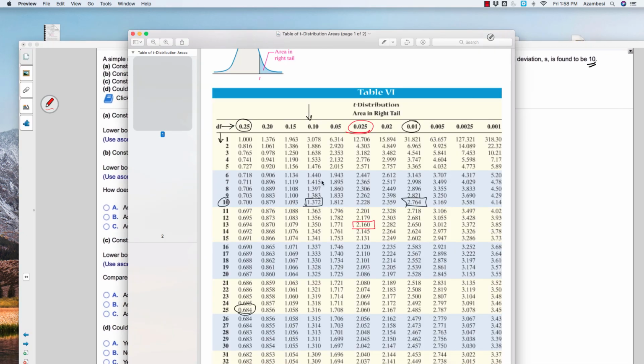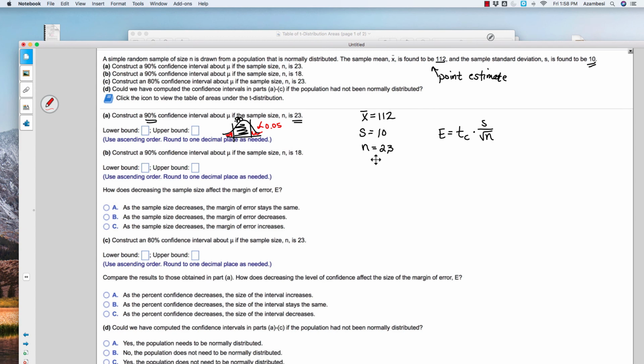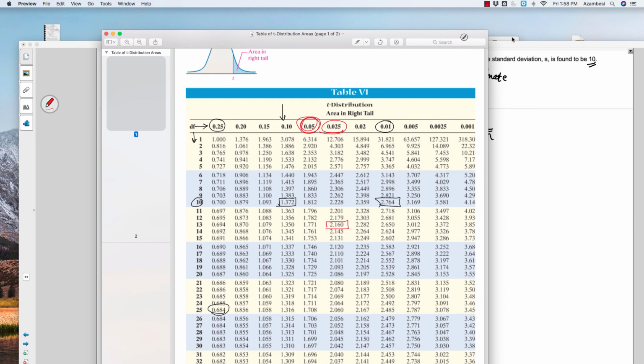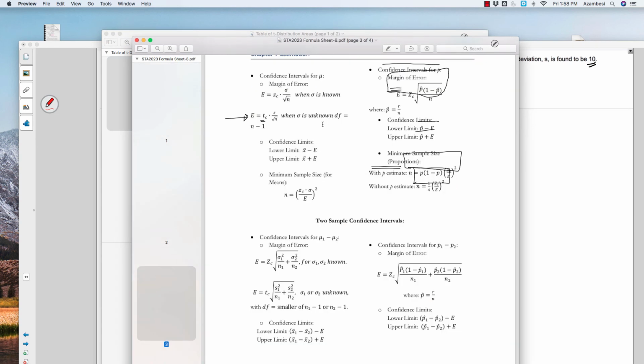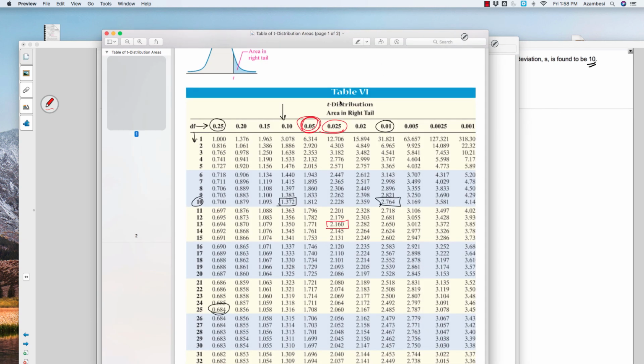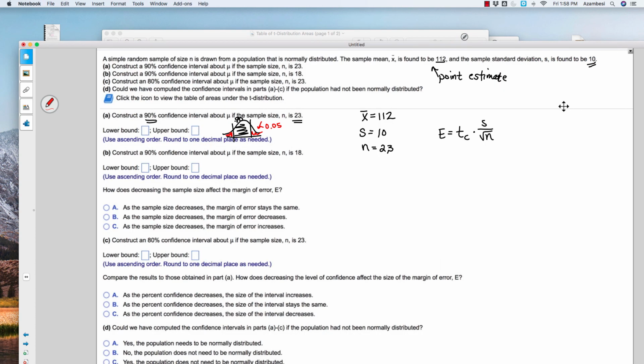All right, so 0.05 is our column, and our n value is 23. n helps us find our value of t because our degrees of freedom is equal to n minus 1. So when I go to the table, I'm looking for 22 degrees of freedom, and I get 1.717. So degrees of freedom is equal to 23 minus 1, or 22.